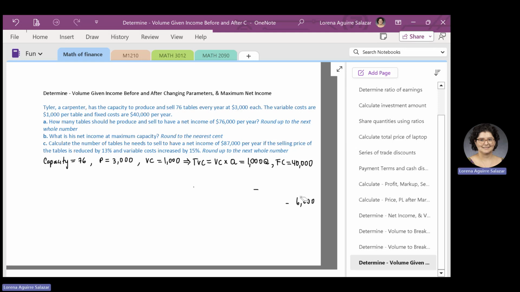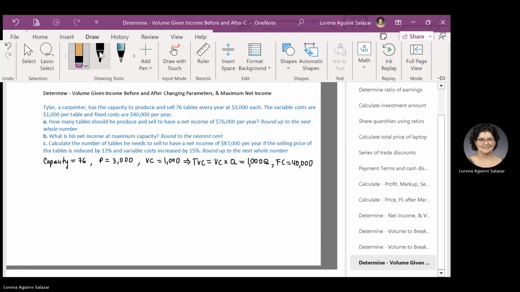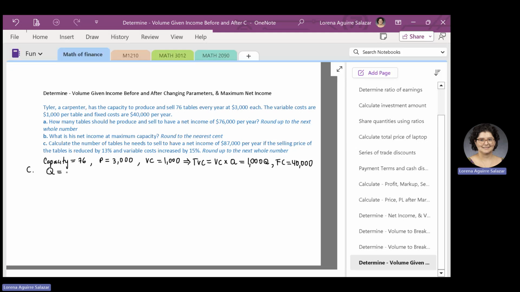In part C, we need to calculate the number of tables, to find Q, that Tyler needs to sell to have a net income of $87,000 per year. So here, profit is 87,000.